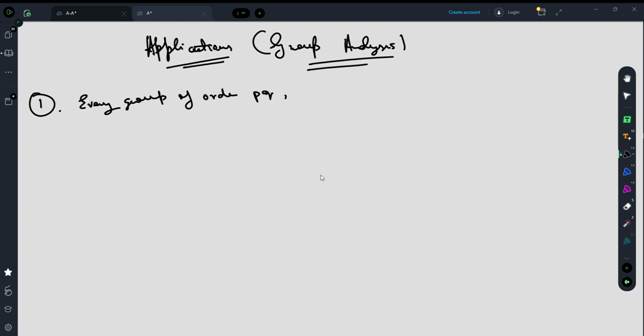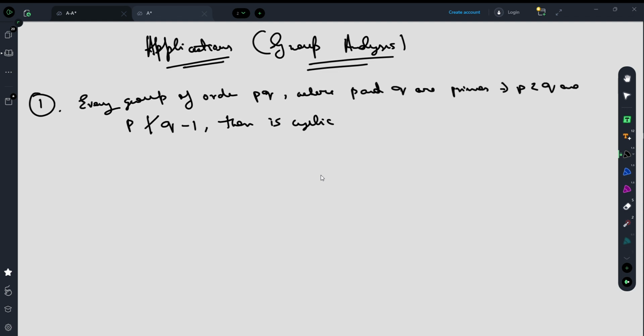Number one: every group of order PQ, where P and Q are primes, such that P is less than Q and P does not divide Q minus 1, is cyclic. That is, G is isomorphic to ZPQ.